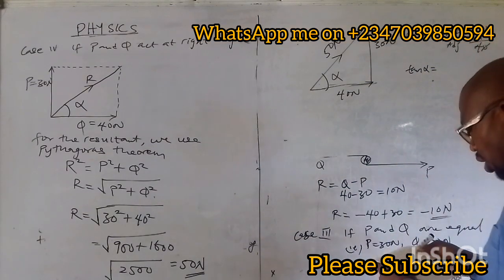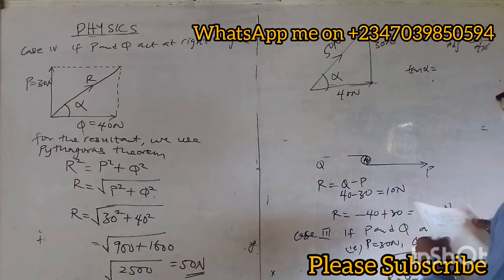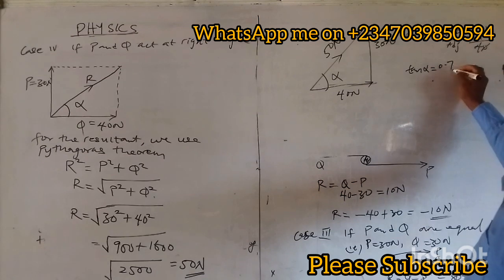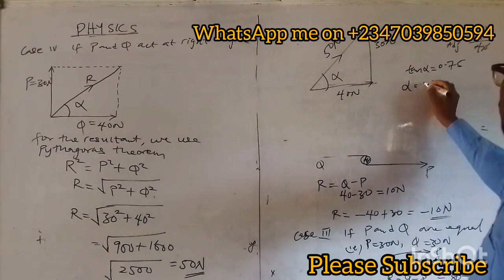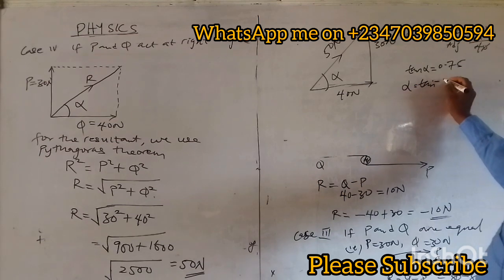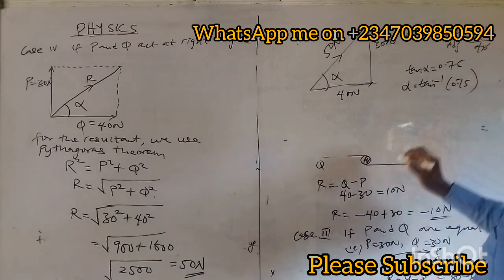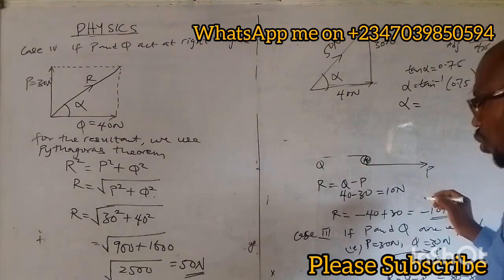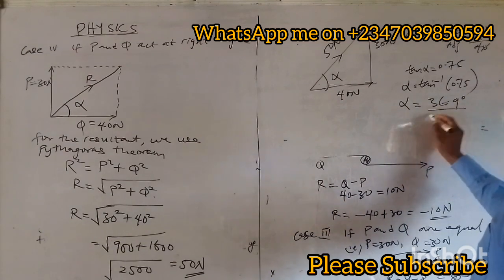By calculation, if you press your calculator, 3 over 4 will give us 0.75. Now, alpha, which is the angle we're looking for, is the tan inverse of 0.75, and the tan inverse of 0.75 will give us 36.9 degrees.